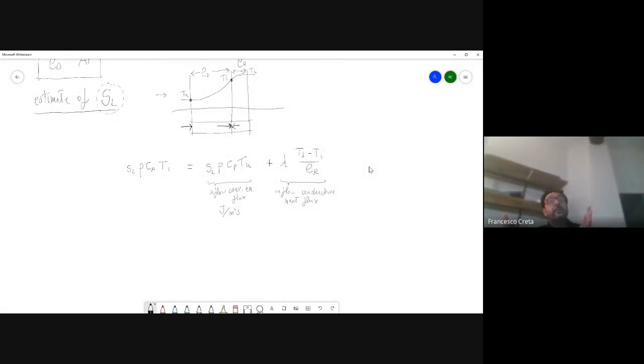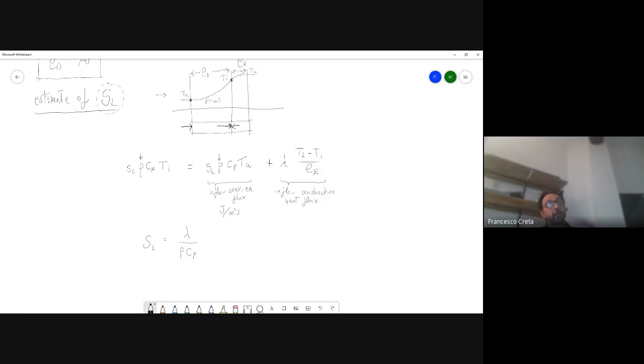We couldn't have done this in the Rankine-Hugoniot analysis because we were not considering any form of diffusive thermal diffusion or diffusive heat fluxes. So to start with, you can actually solve for SL and have some sort of expression. We've also considered rho constant in the preheat zone, which is not a very good assumption.